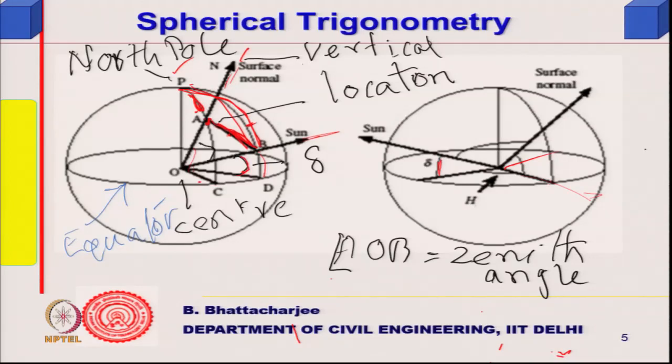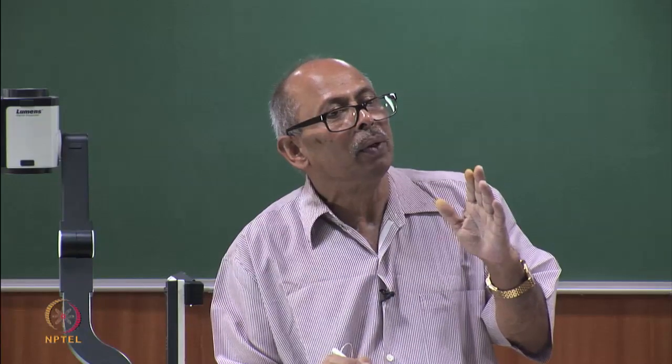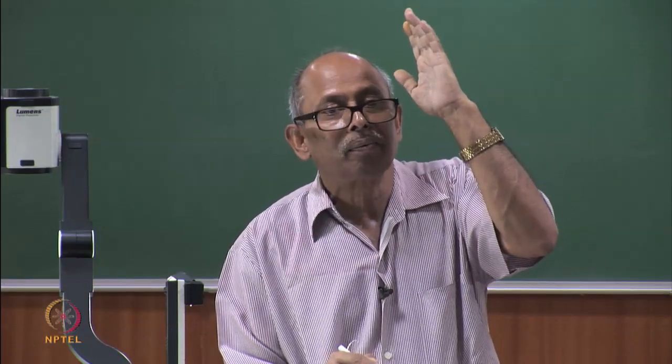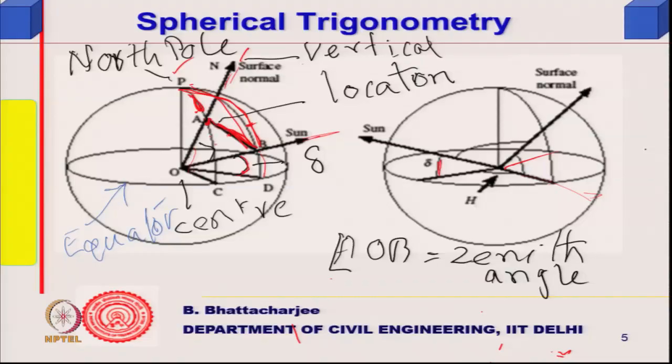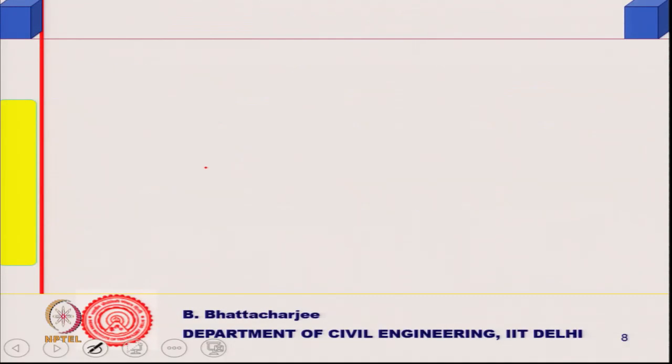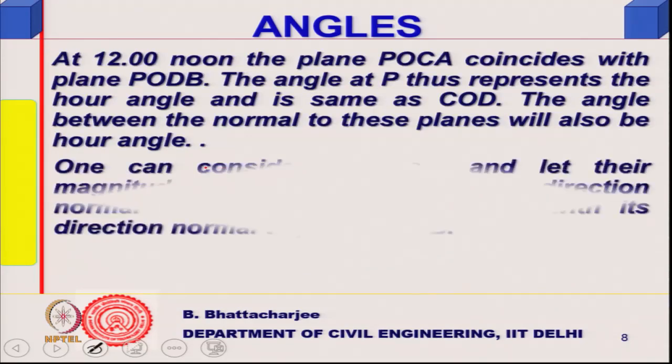So this vertical plane, the sun will be coinciding with this at 12 noon, because it is right at the top, at maximum altitude. So this is where it will be coinciding, but at other times it will shift, and our angle will come into the picture.